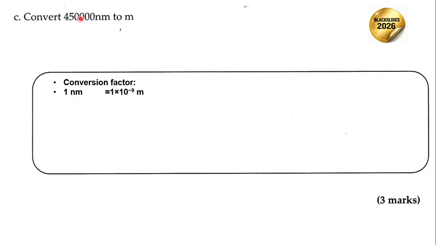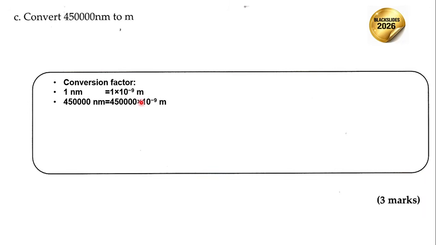So what is 450,000 nanometers to meters? 450,000 nanometers is the same as 450,000 times 10 to the power minus 9. This 10 to the power minus 9 is a nano.